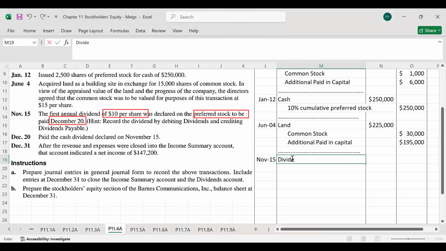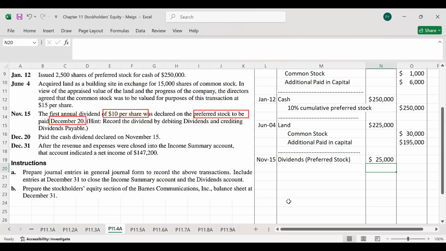So dividends is on the debit side, and this dividend is on preferred stock. $10 per share. So how many shares? You can see on January 12th, 2,500 shares were issued. So 2,500 multiplied by $10 dividend.